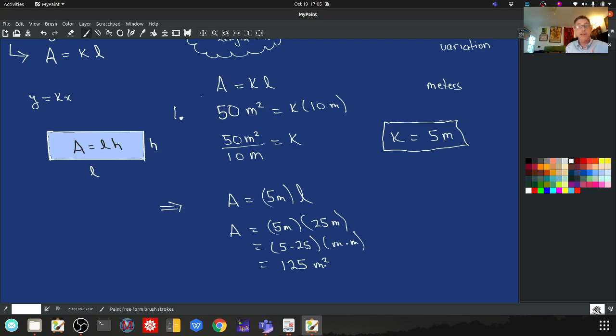And that's our answer. And having the meters squared in there tells you that you're on the right track, because you know that area is given in square units, such as square feet, square inches, square meters, square yards, square miles. So that's a little check.